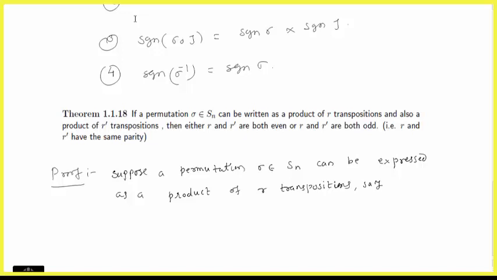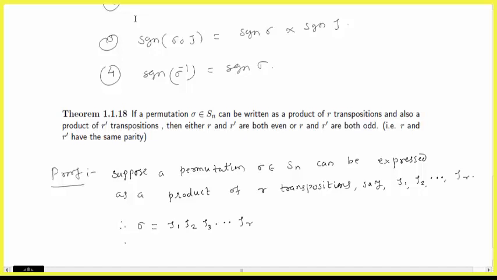Suppose these transpositions are tau 1, tau 2 and so on to tau r. Therefore sigma is equal to tau 1, tau 2, tau 3 and so on to tau r.